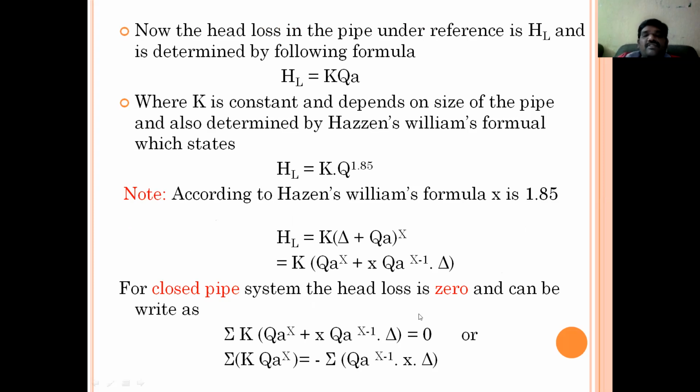For a closed pipe system, the head loss is 0 and can be written as, simply we are taking sigma K into QA power X plus X Q power X minus 1 into delta equal 0. Or we can write this simply as sigma K into QA power X equal to minus sigma K Q power X minus 1 into X into delta.